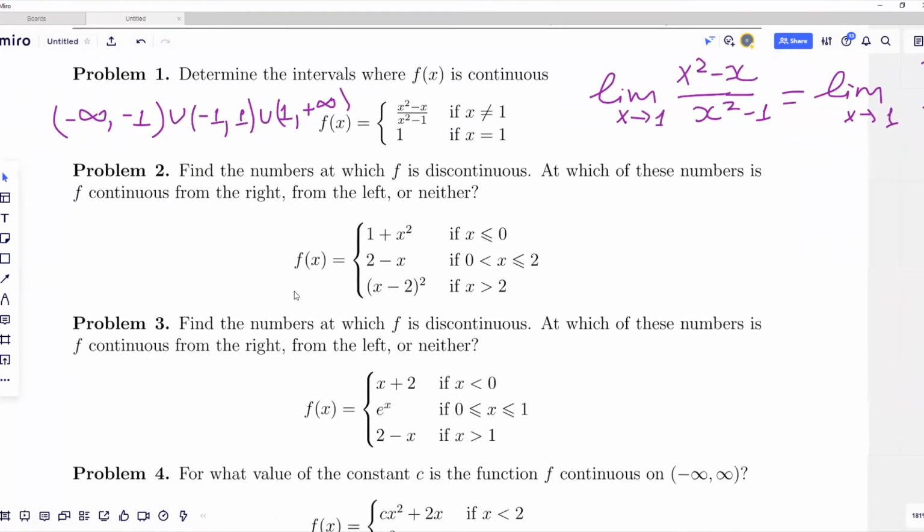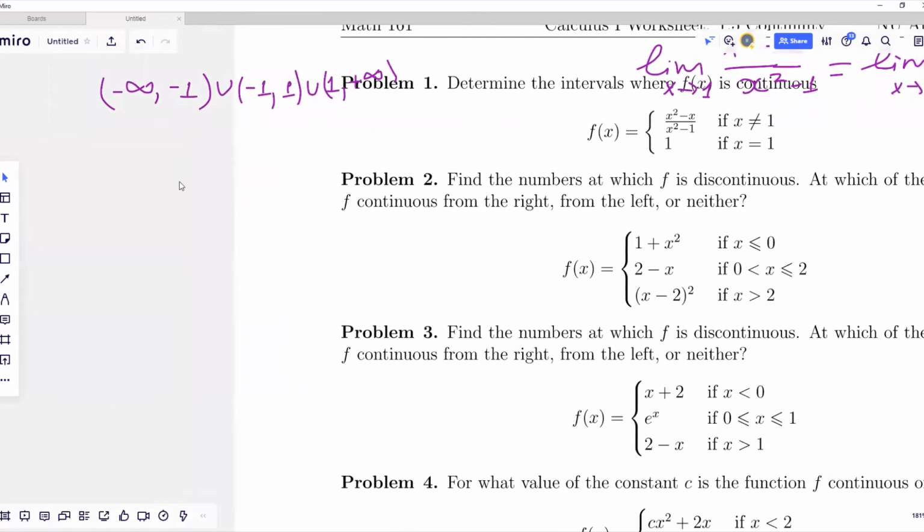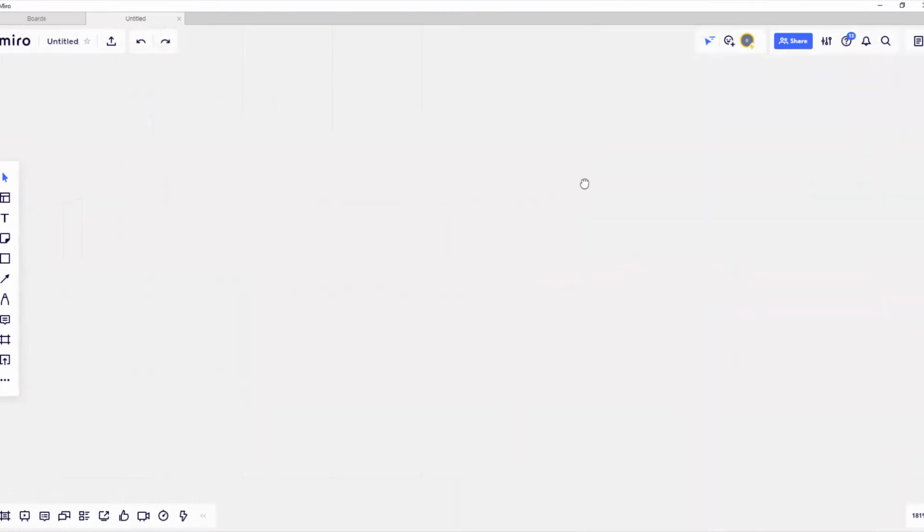In the next problem, find the numbers at which f is continuous. At which of these numbers is f continuous from the right, from the left, or neither? Okay, let me copy down.